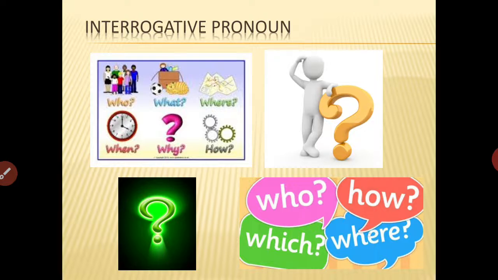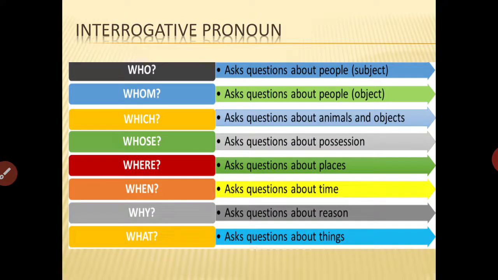So, to avoid confusion, kindly write down the rules. Relative pronoun has either of two possibilities: a noun before the pronoun, or a connection between the parts of the sentence. But interrogative pronoun is used to ask questions.